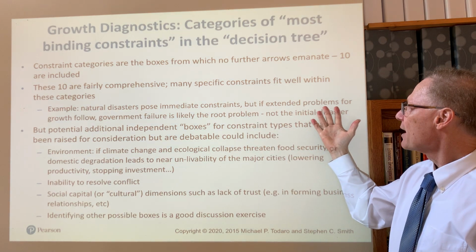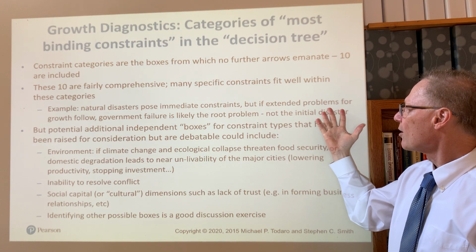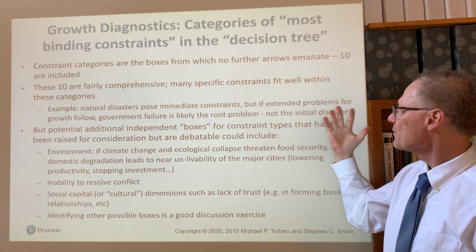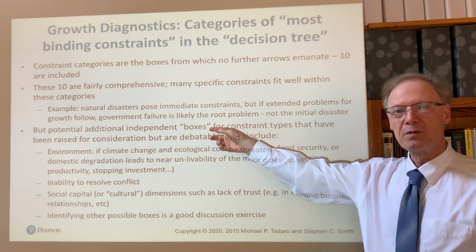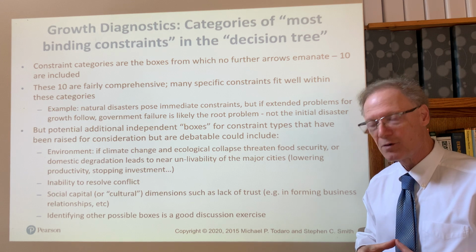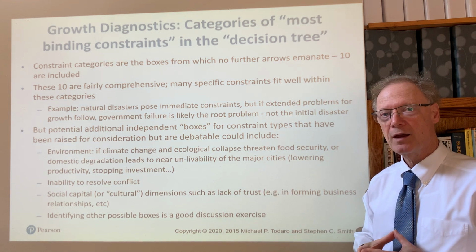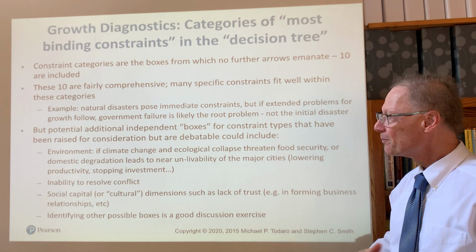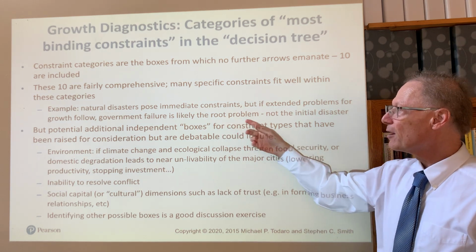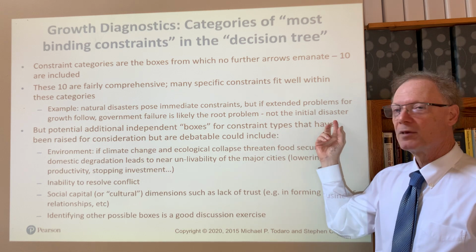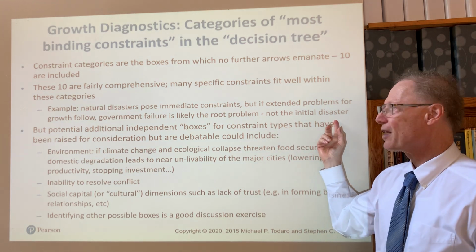However, I think that many analysts would argue that if there are extended problems for growth that follow such a disaster, whether it be a cyclone, hurricane, or earthquake, and so on, that government failure is likely to be the root problem, not the initial disaster.